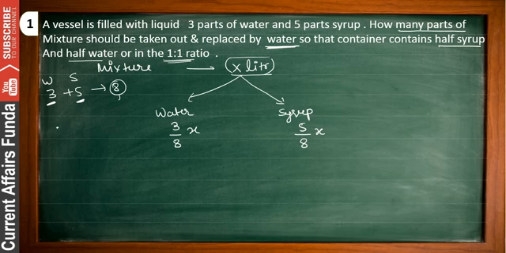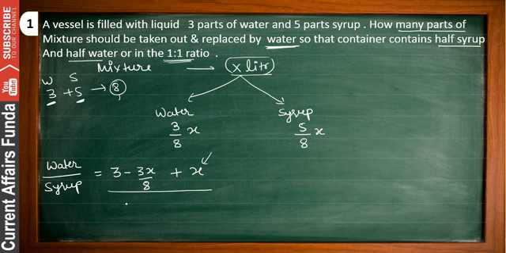Okay, so friends, water, syrup. Fine. So what is the total quantity here? 3 water, we are talking about the water, 3 minus 3x/8, and you just need to add some water here, that means we are adding x here, divided by 5 minus 5x/8.